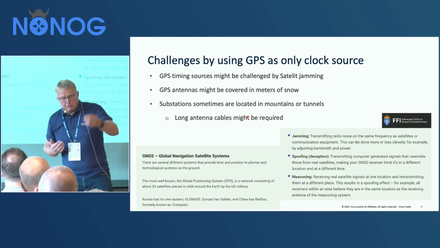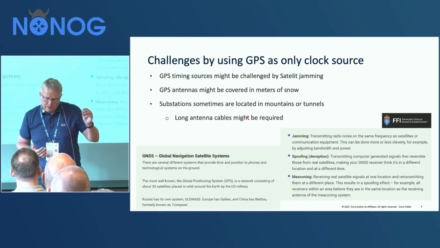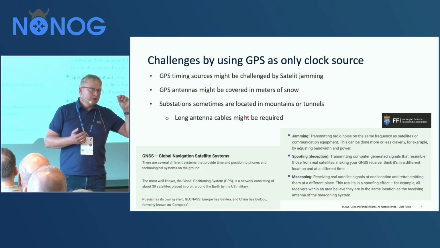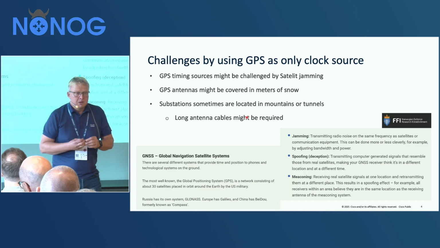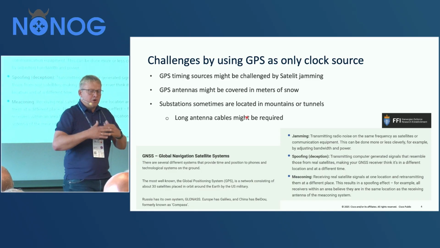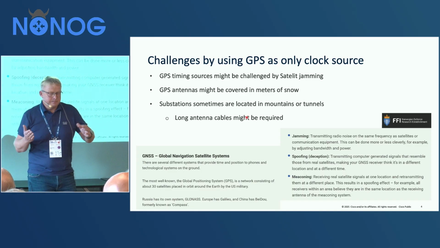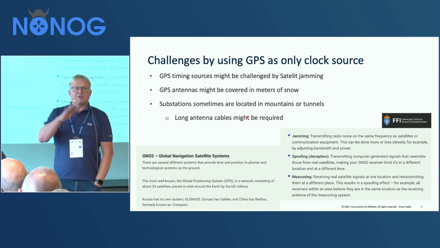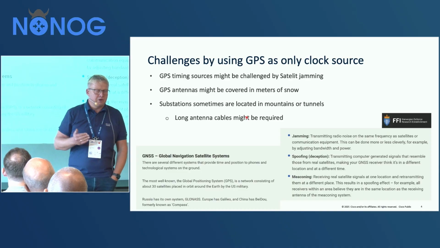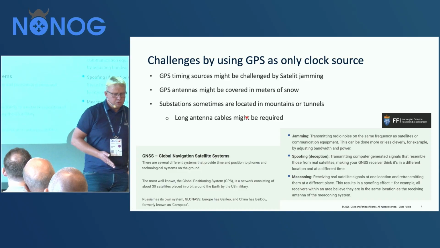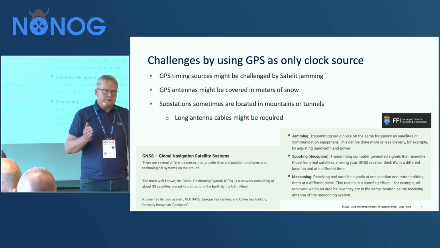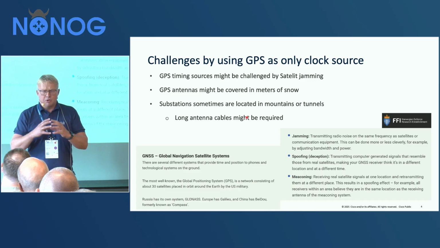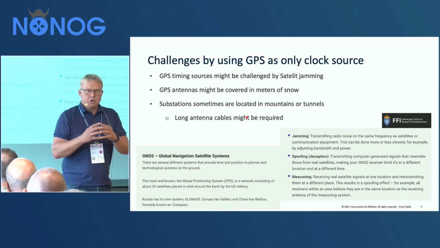And speaking to our friends at NetNod during the break, one thing that we have done is to support the Ukrainian utility companies, because they were 100% reliant on GNSS. So we had to come up with a solution: is it possible to survive for a certain amount of time even if you lose GNSS? Or you recognize that your GNSS or GPS is being jammed, then you should not use it, and you should go on to what's called holdover and use internal oscillators.